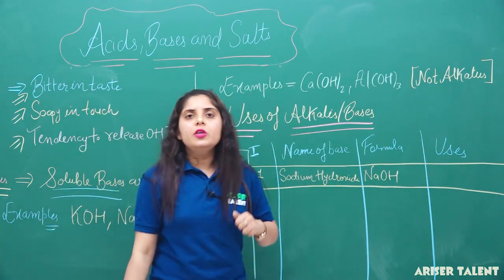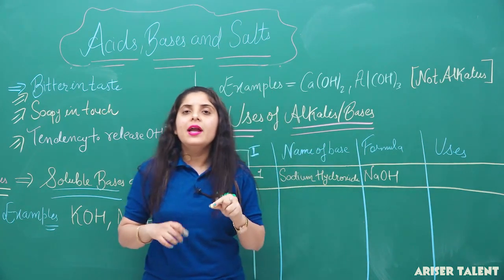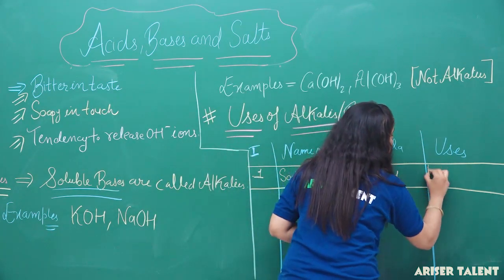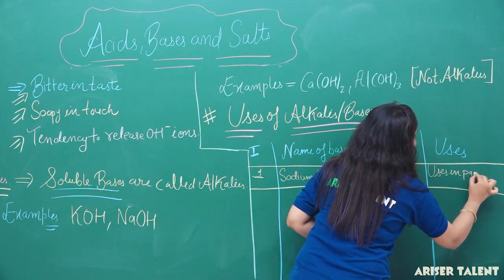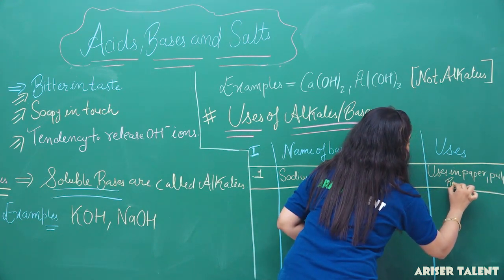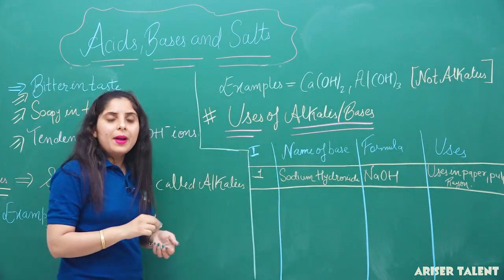NaOH is basically used in the formation of paper, pulp, paint and rayon, and sometimes it is also used in the textile industries. So its basic use is in paper, pulp, rayon. So this will be the basic use of sodium hydroxide.